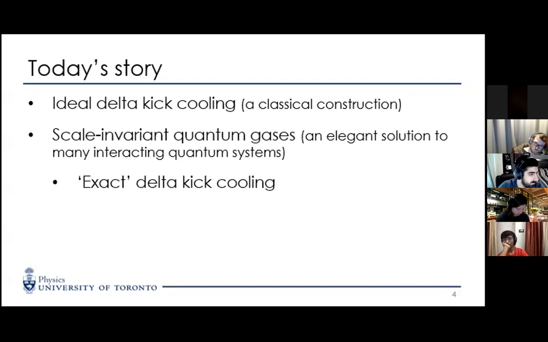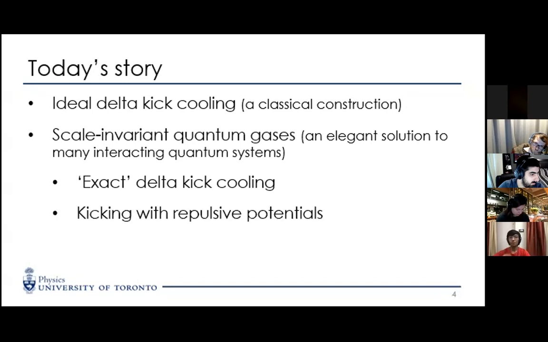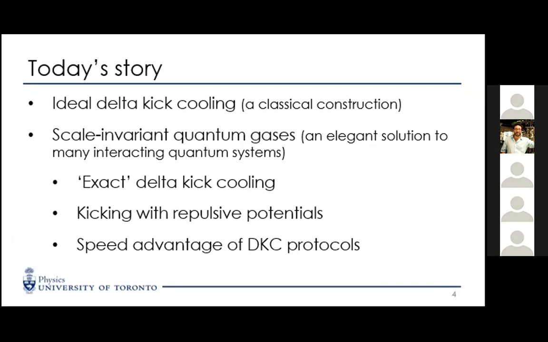And within that description of interacting quantum systems, we'll come up with an exact conception of delta-kick cooling, which will allow us to consider a broader class of protocols, ones in fact that include repulsive potentials. And we will analyze the speed advantages of these new modified delta-kick protocols. So that's the plan for today.